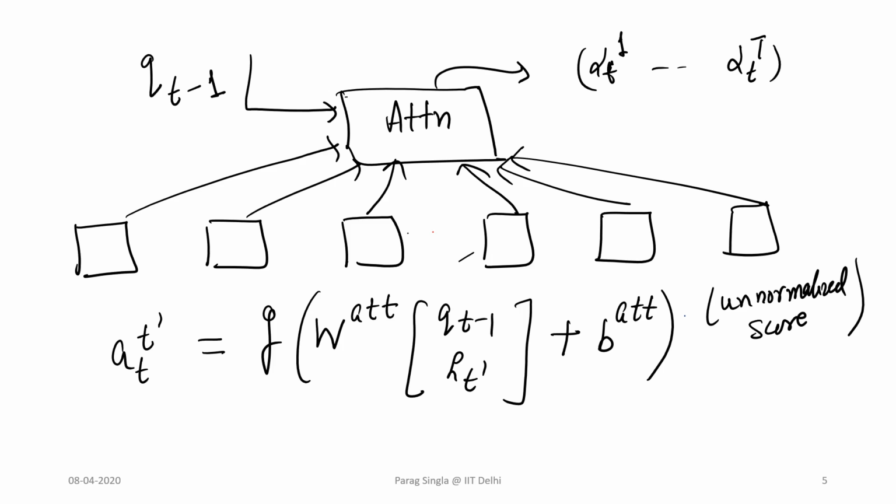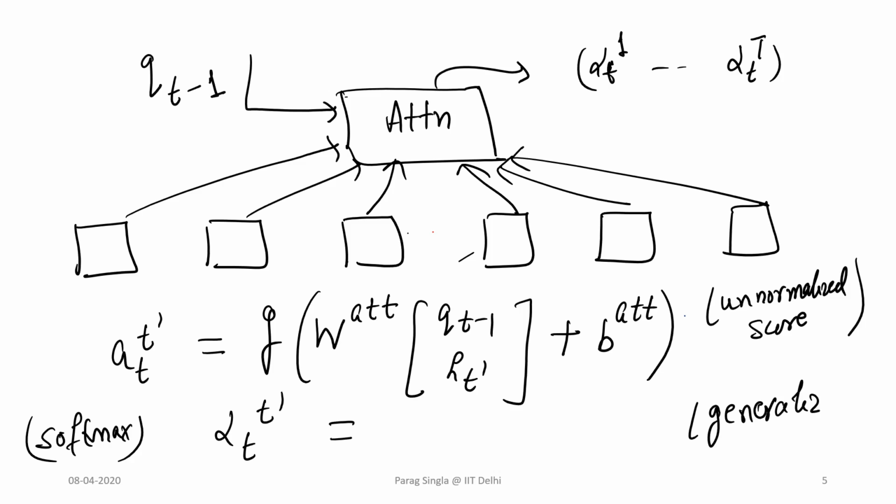Okay, and then finally, the way we normalize this is using what is referred to as the softmax function, which gives us the final scores alpha t, t prime, and this is a generalization of the logistic function that we have seen earlier in the case of logistic regression.